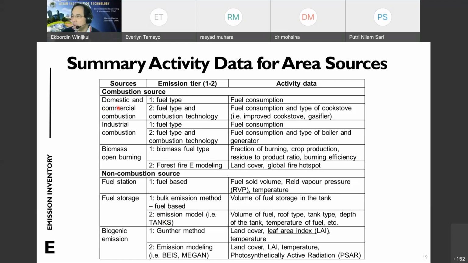For residential combustion, the activity data that we can collect is maybe the fuel type for tier 1, like how much fuel wood is used in the household. For tier 2, it's both fuel type and combustion technology, like what is the stove type, maybe an improved stove or a traditional stove, and then the emission factor also needs to correspond with this kind of activity data that you collect.